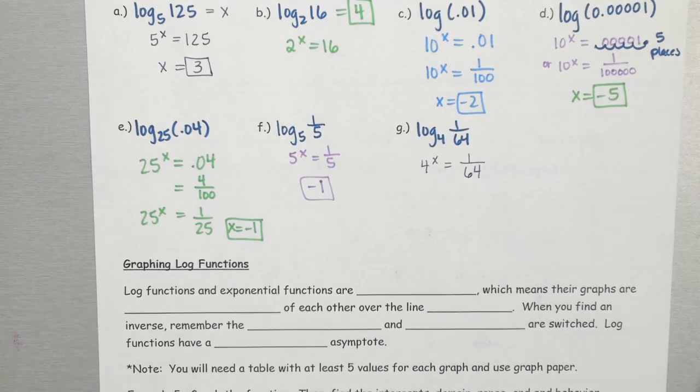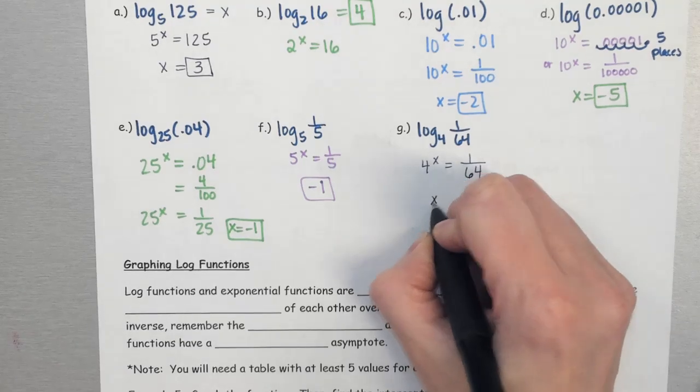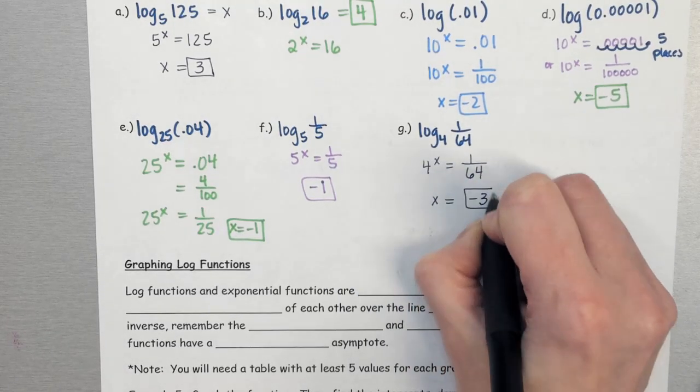Okay, so 4 to what power is 64? 3, so this will be -3. Great.